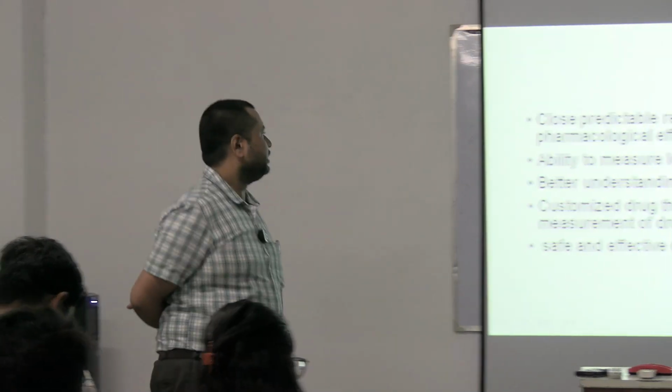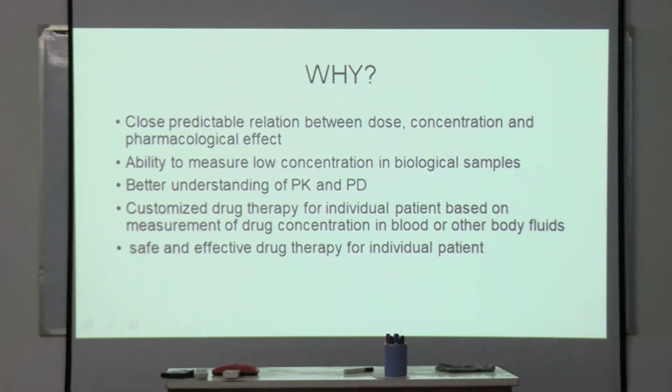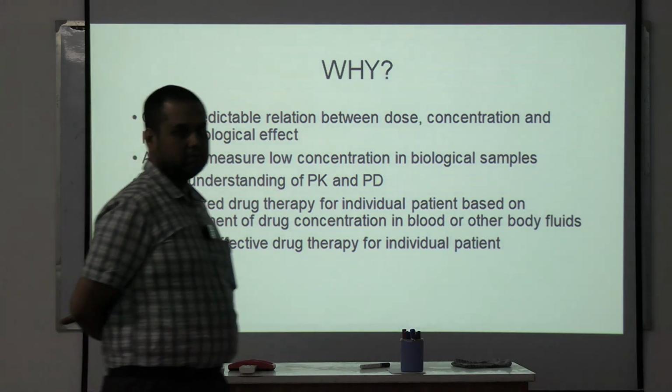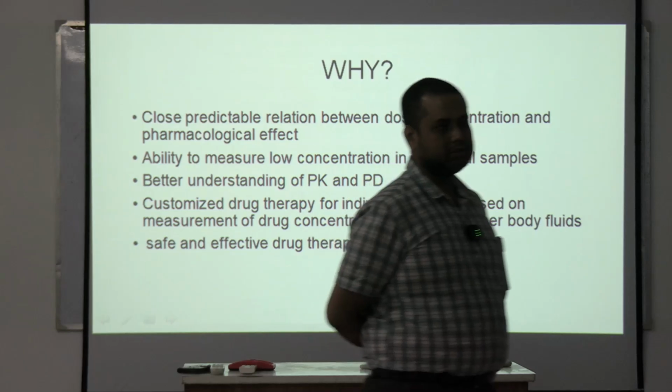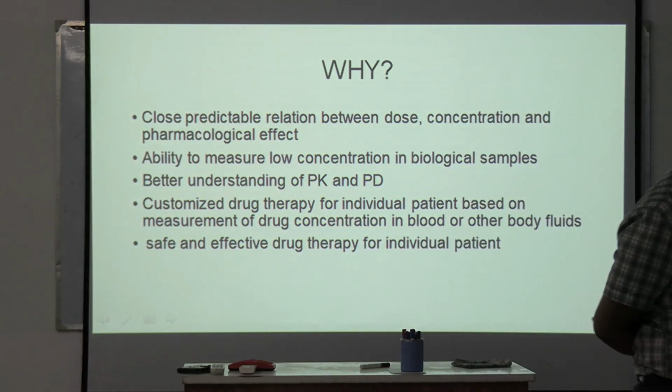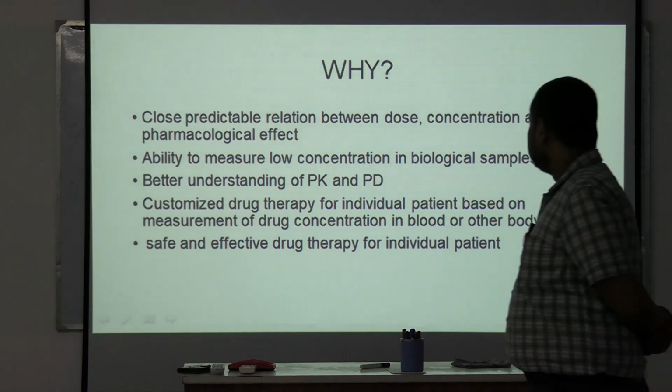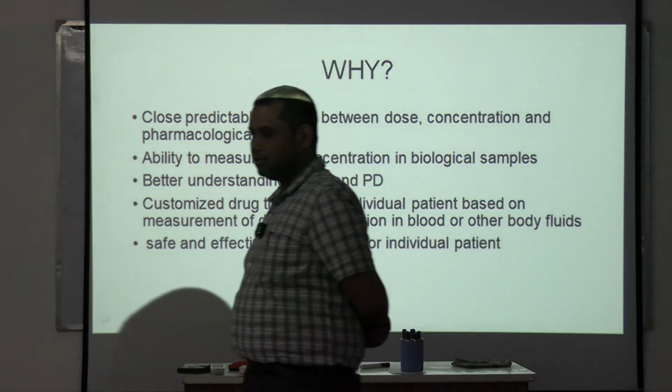Close predictable relationship between dose, concentration and pharmacological effect. So, this is what you get from your study of general pharmacology, that pharmacological effect is produced by the concentration of the drug. Then ability to measure low concentration in biological samples.